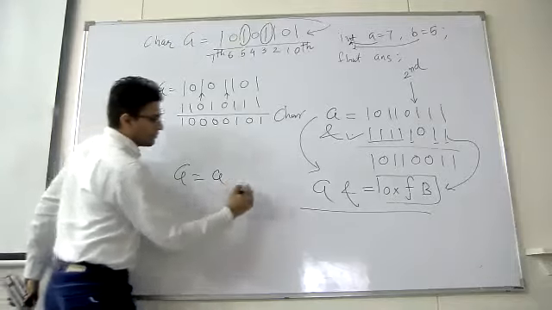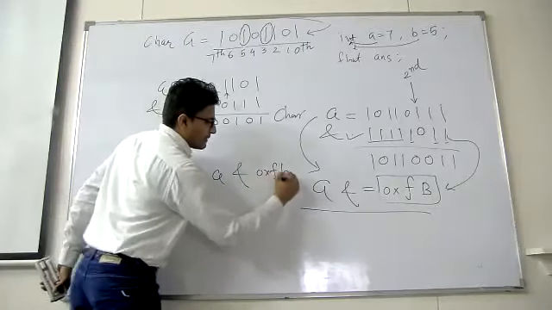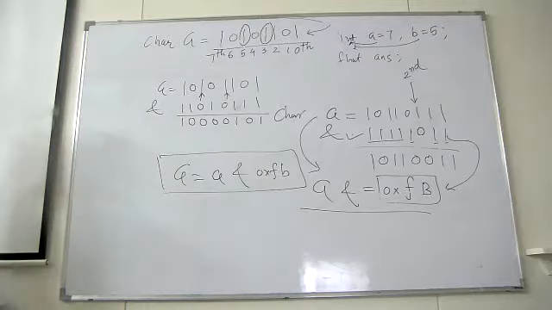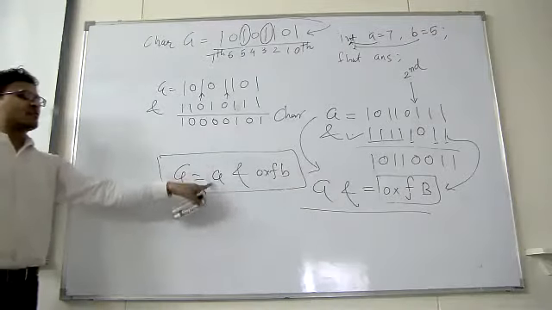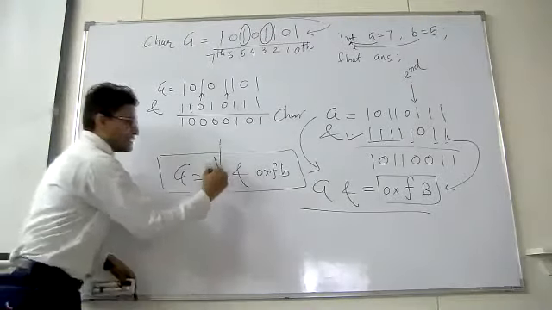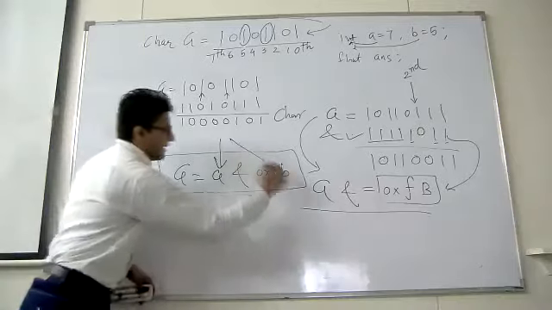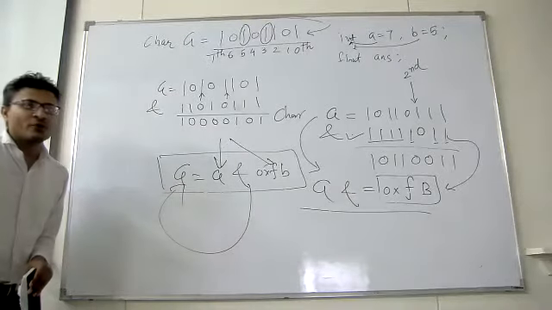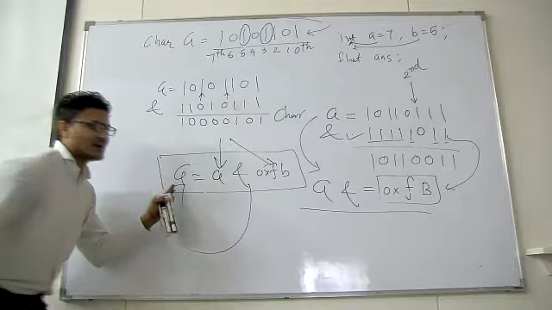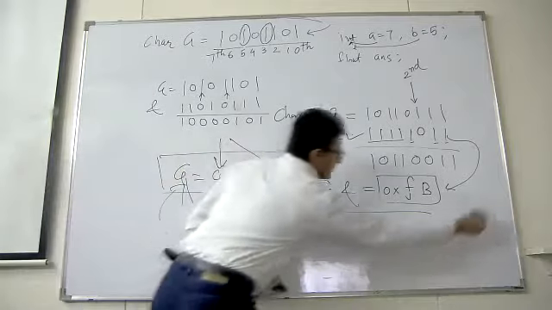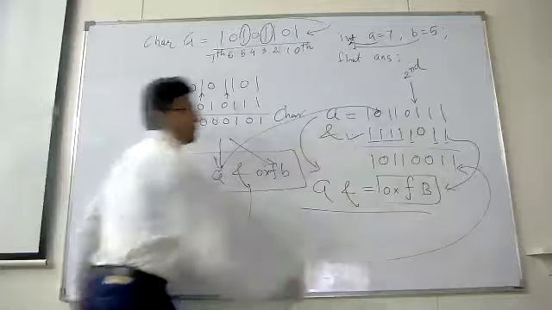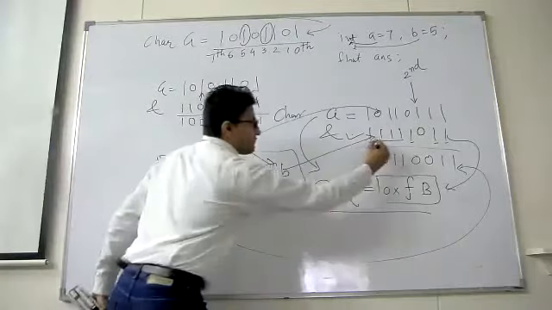A is equal to A, meaning the previous value of A, AND with 0xFB, and the answer will be stored into A. That is the new answer. This is the previous value, and this is my FB.